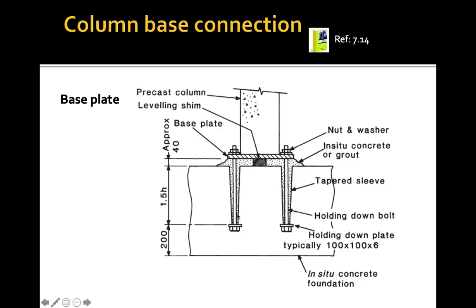We have the holding down bolt that is already prepared in the foundation, then it will be connected to the base plate from the precast column. So this is another type of column base connection, using a bolting connection.